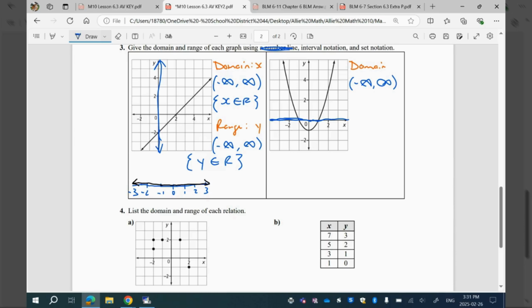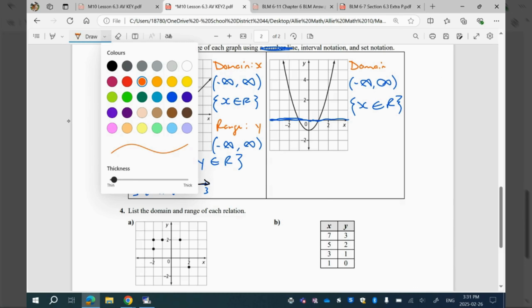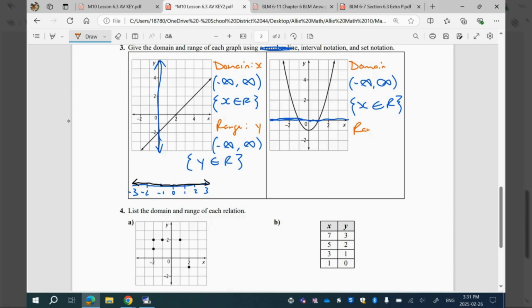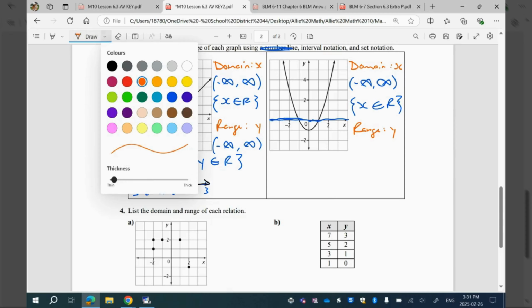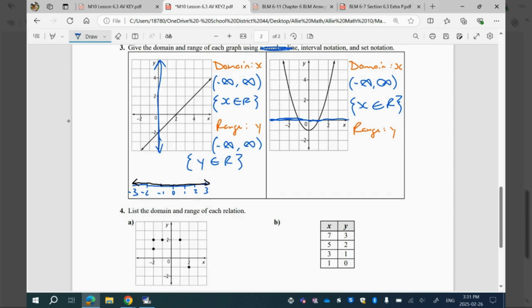And our set notation is also the same as our last one, a squiggly line, that x is going to be an element of all real numbers. But our range will be a little bit different, at least for this one. This is our y's, these are our x's. The range looks like we're going to start here at -1 and go on from that.